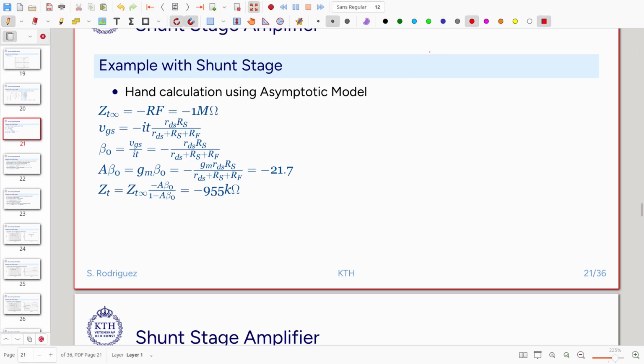For our asymptotic model, this circuit looks like this.